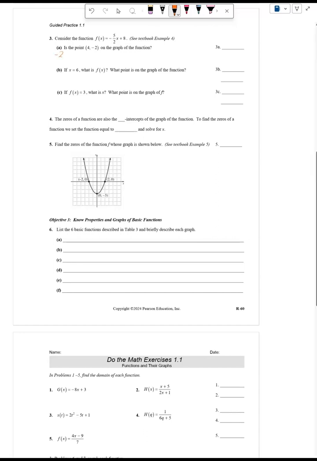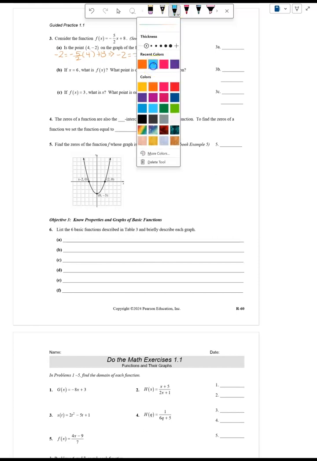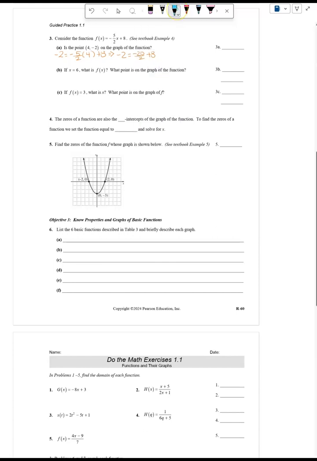So we're going to say -2, because -2 is our y, equals -5/2 times 4 plus 8. Now we can simplify, say -2 equals -20 over 2 plus 8. Alright, now let's start our cancellations. Well, 2 goes into -20, -10 times.